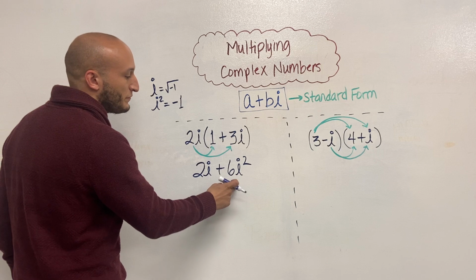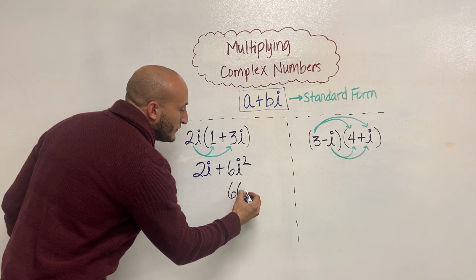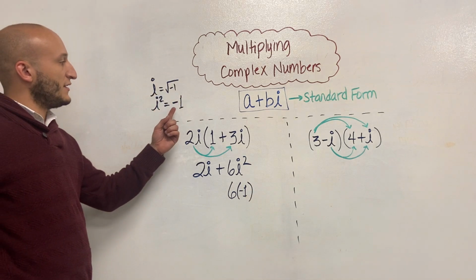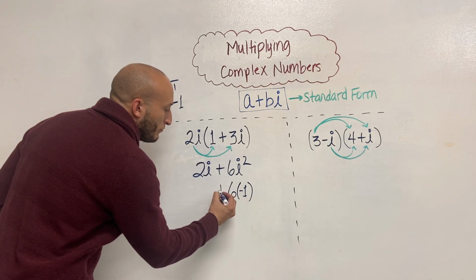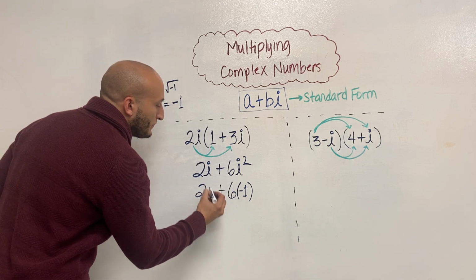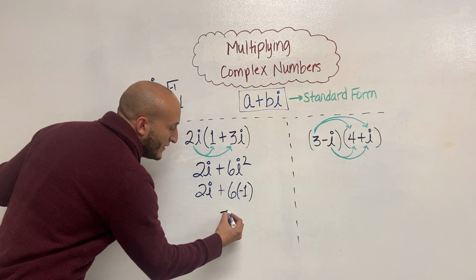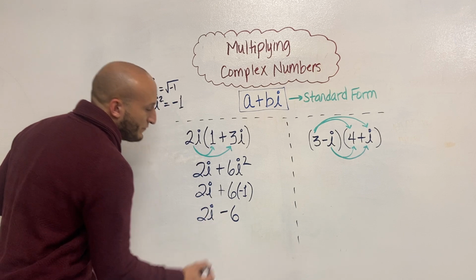So here I would have 6 times, well, i squared, like we've been saying, is -1. So I'm going to replace it with a -1 plus a 2i. 6 times a -1 would be a -6. And the 2i just stays there.